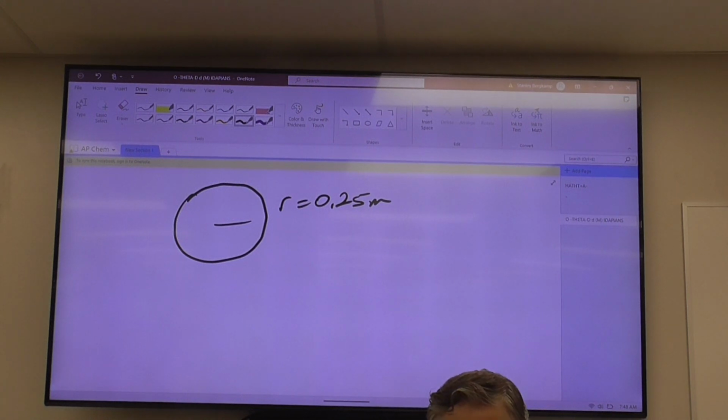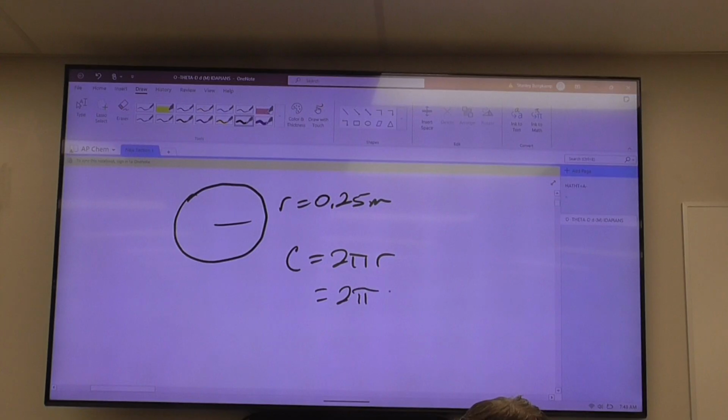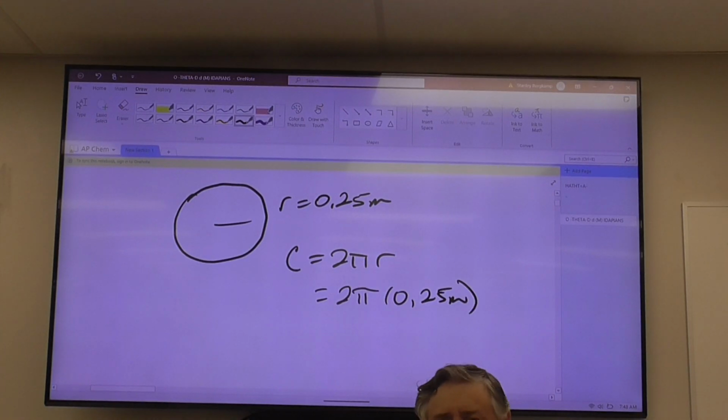So how do you calculate the circumference of a wheel? 2 pi r, which would be 2 times 0.25 meters. Now, I know all the math people will tell you, leave it in terms of pi because that's more precise, and mathematically they're right. But here's the problem: meter sticks are not measured in units of pi.